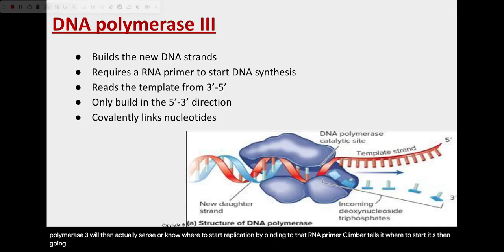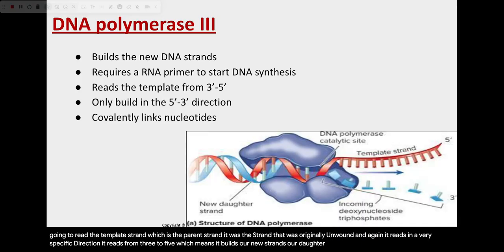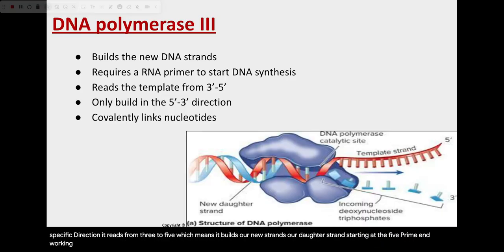It's then going to read the template strand, which is the parent strand. It was the strand that was originally unwound. And again, it reads in a very specific direction. It reads from 3 to 5, which means it builds our new strand, our daughter strand, starting at the 5' end, working towards the 3' end.